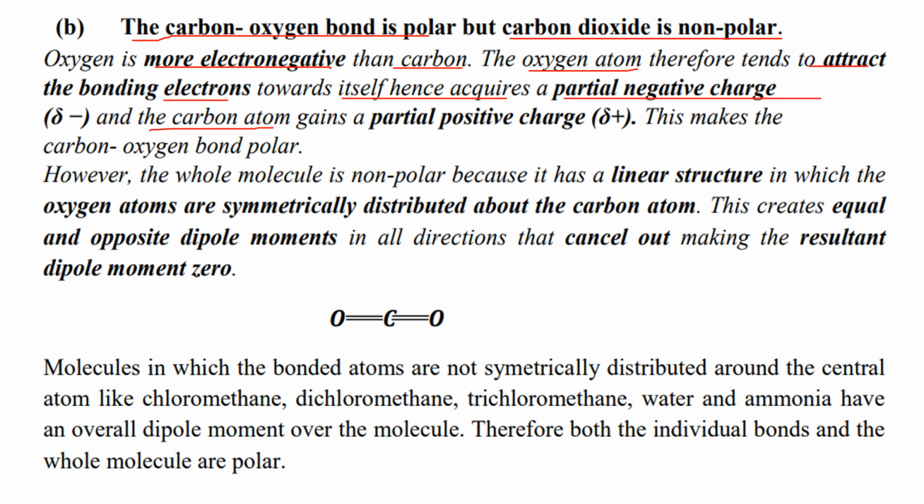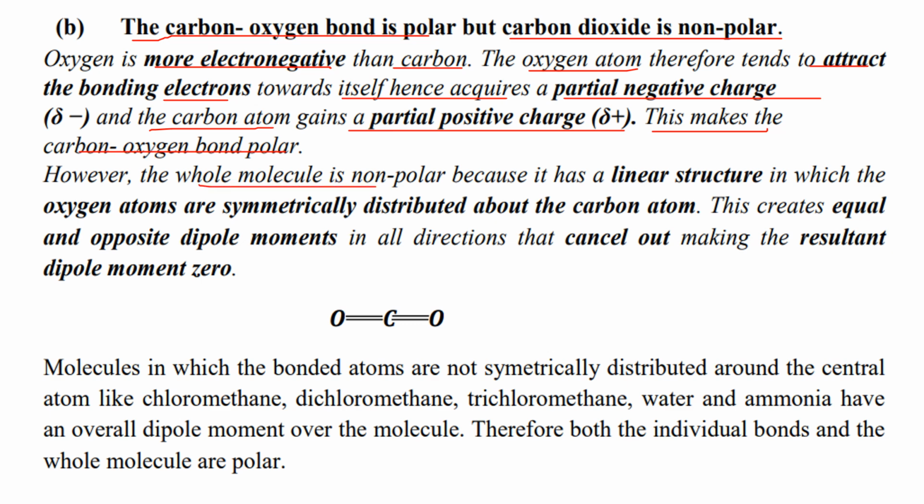The carbon atom on the other side is going to acquire a partial positive charge. And once one atom has a partial negative and the other has a partial positive charge, this makes the whole carbon to oxygen bond polar.